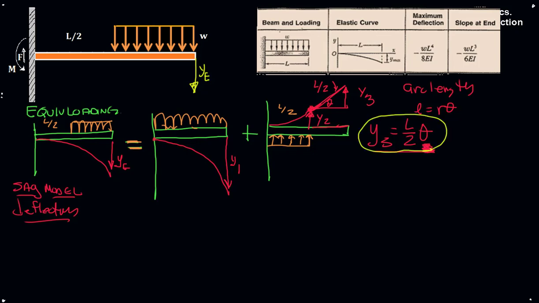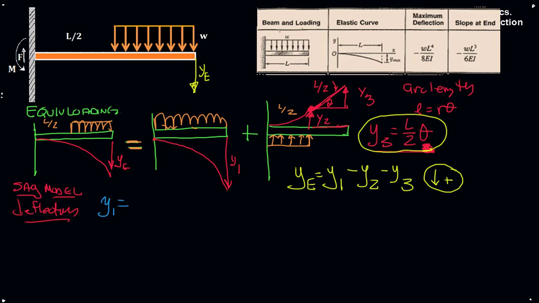We can say then, to solve for Y end, it will be Y1 minus Y2 minus Y3, where we're calling down positive here, right? Again, we tend to use the absolute value of the table entries. And let's solve these one at a time. So Y1 will be WL to the fourth on 8EI.